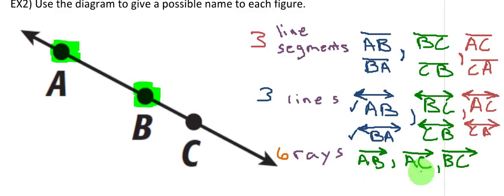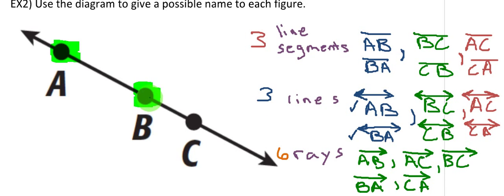So my next ray would be, I'm just going to write below here, ray starting at B, passing through point A. And that's my starting point at B, passes through point A, continues forever. I could start at point C and pass through point A and continue forever.